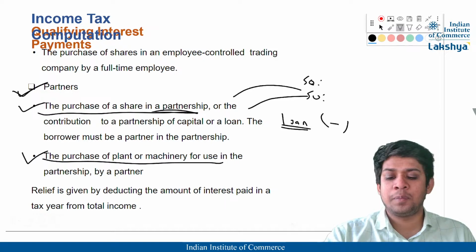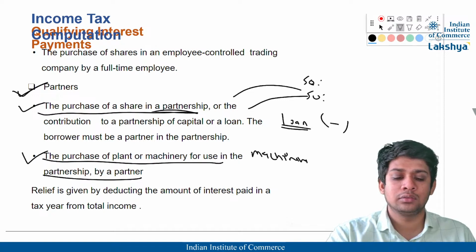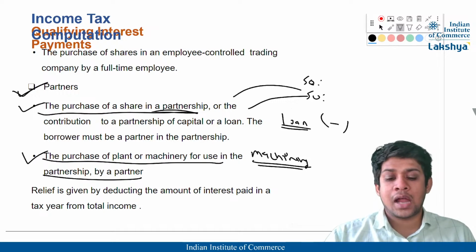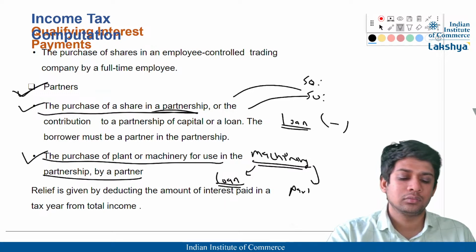And the purchase of plant and machinery for the use of partnership by the partner. So maybe say the partner bought a machinery or a building or something. The partner bought a machinery and he bought it on loan. He could use it in the partnership firm. Okay.